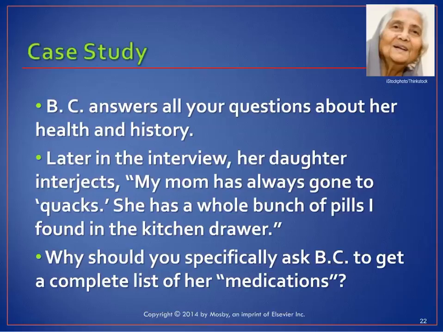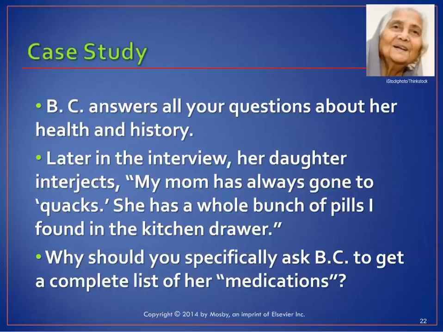Now, you should also be tactful, because there may be some tension here in the way the daughter framed her information. And be sure to use terms that the patient can understand, including herbal, vitamins, homeopathy, non-traditional, natural, in asking about everything she takes.